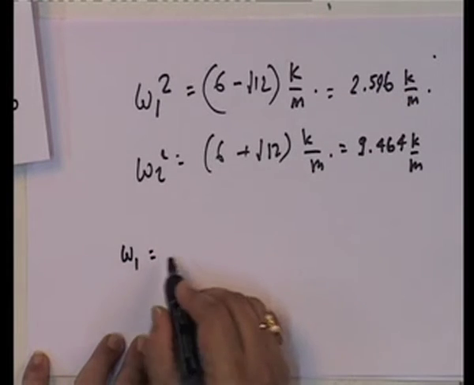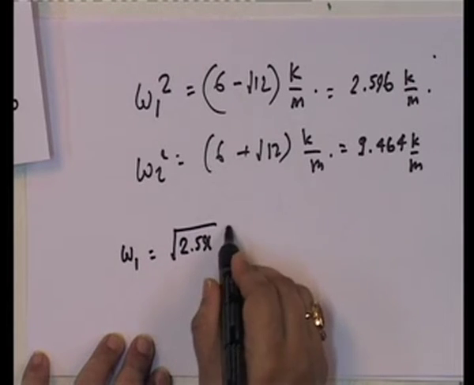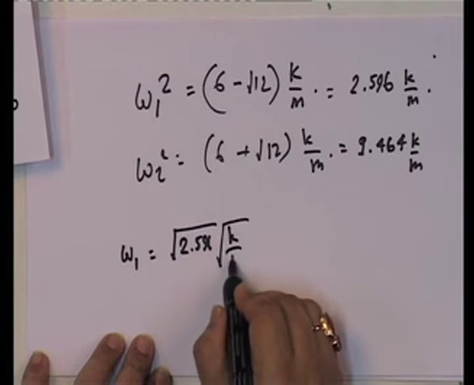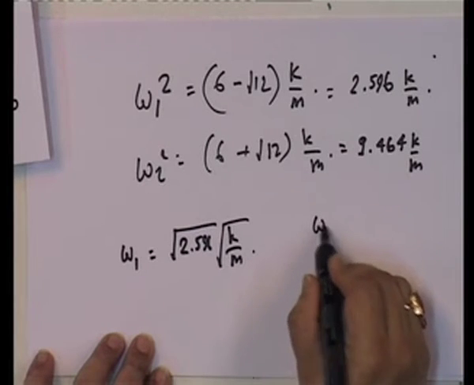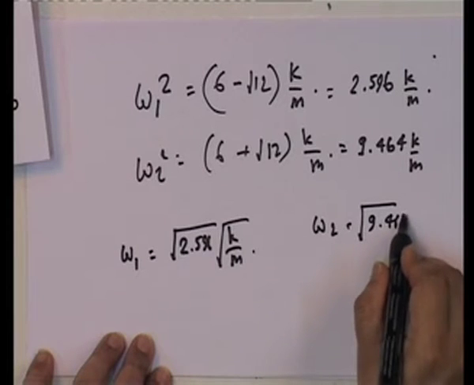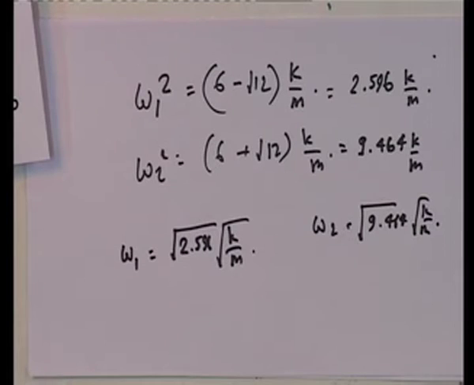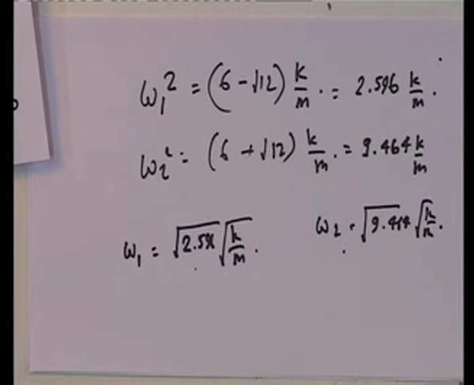So, omega 1 is equal to square root of 2.596 root k upon m, and omega 2 is equal to square root of 9.464 square root of k upon m. Obviously, this is the lower one, this is the higher one.